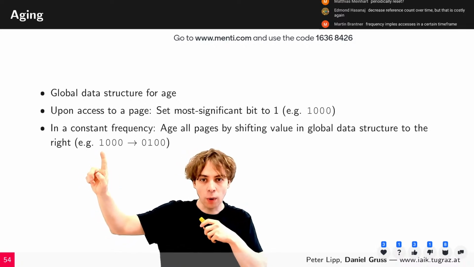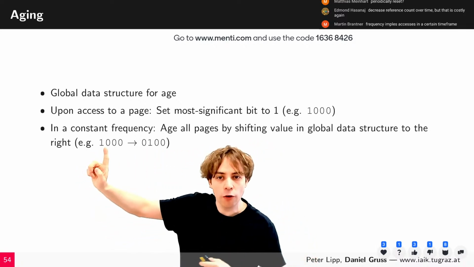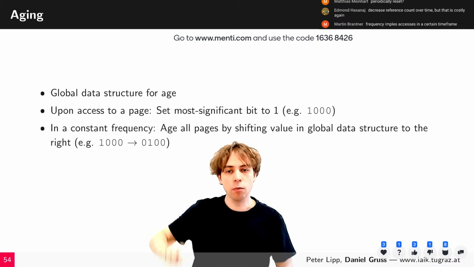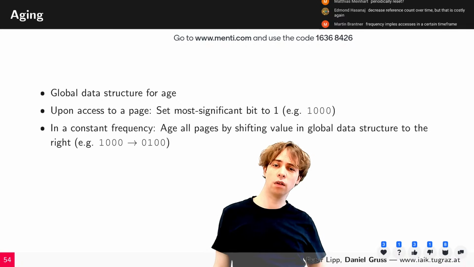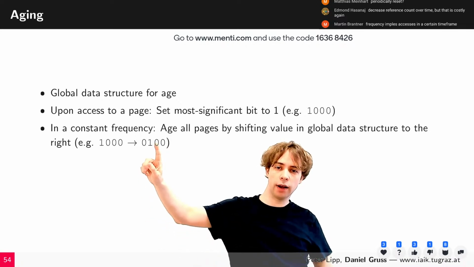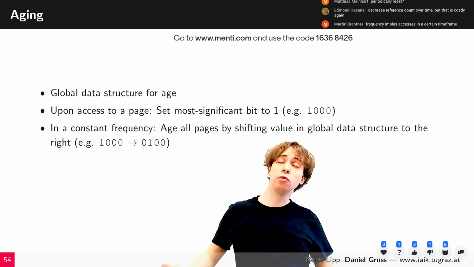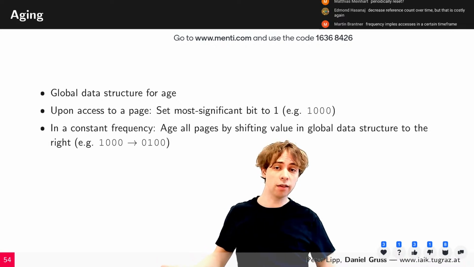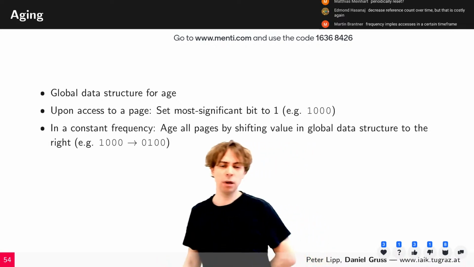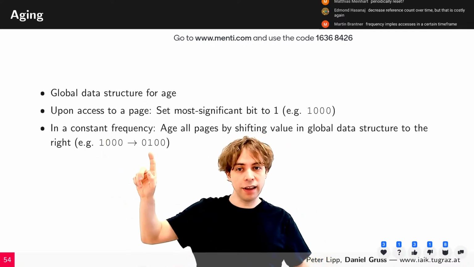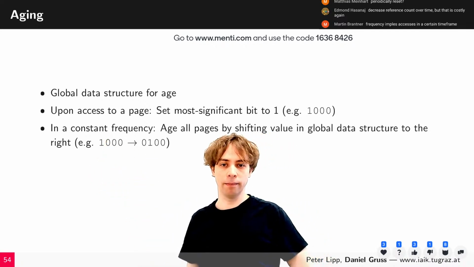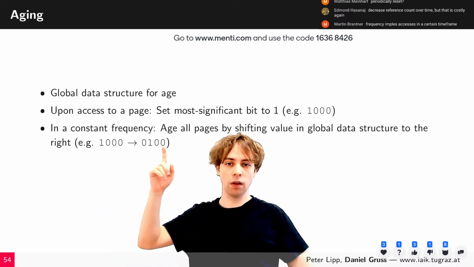We shifted 1 to the right, and now 4096 has become, oh, what is this? This is 2 to the 8. It's 256, I think. Might be 256, yeah. So we decrease this by quite a lot by shifting this to the right.